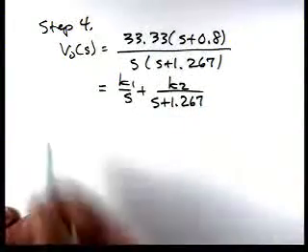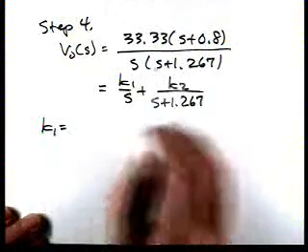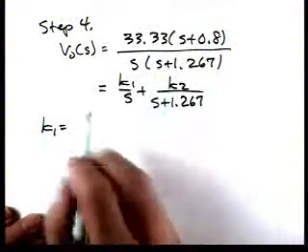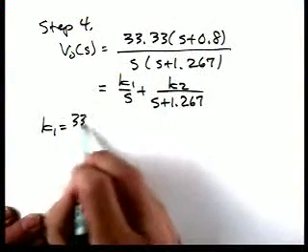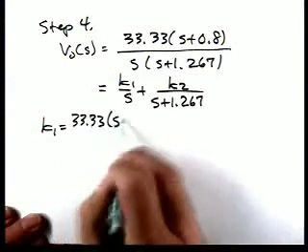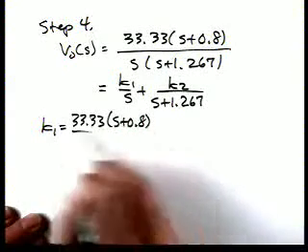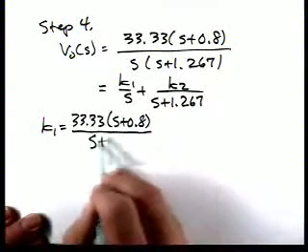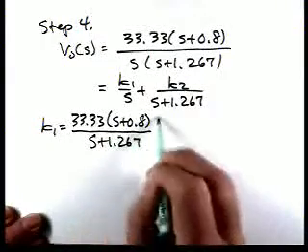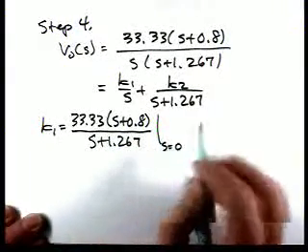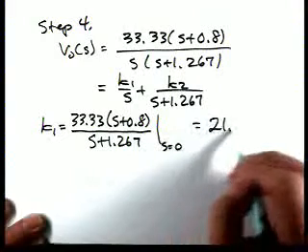So K1, we multiply through by S and let S go to 0. So we have 33.33 times S plus 0.8 over S plus 1.267. Evaluate S equals 0. That gives us 21.05.